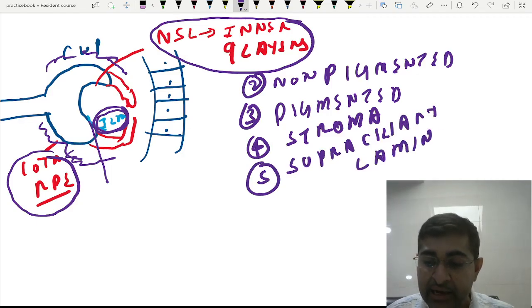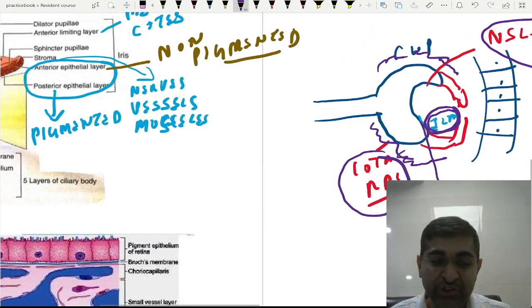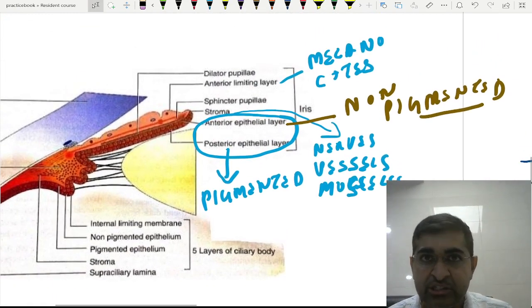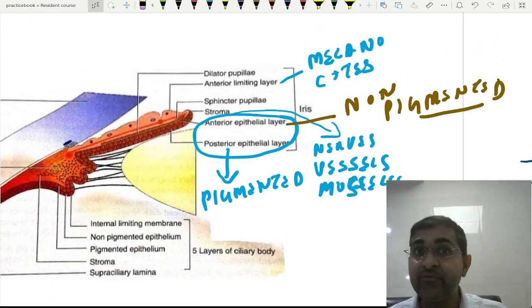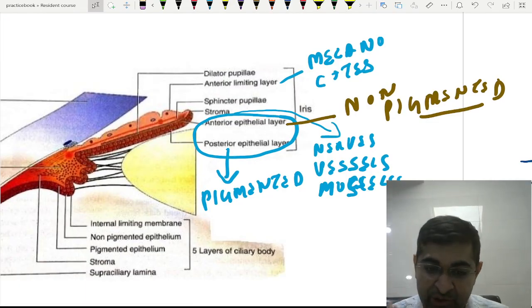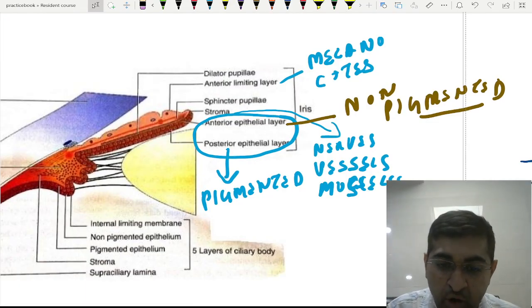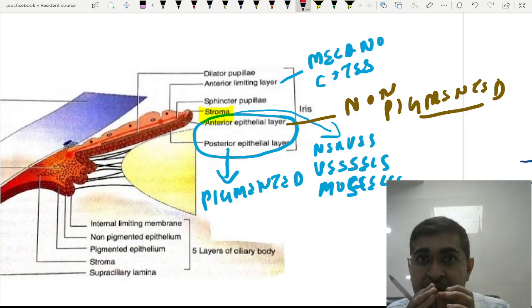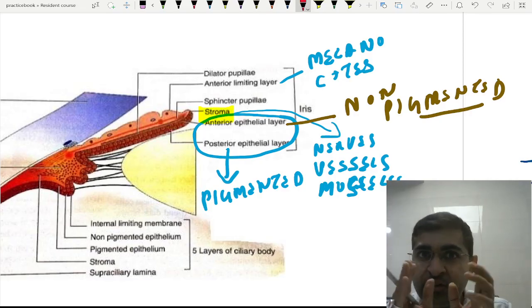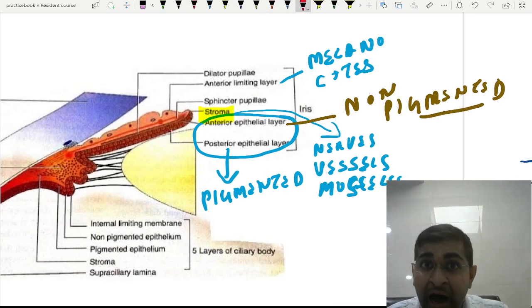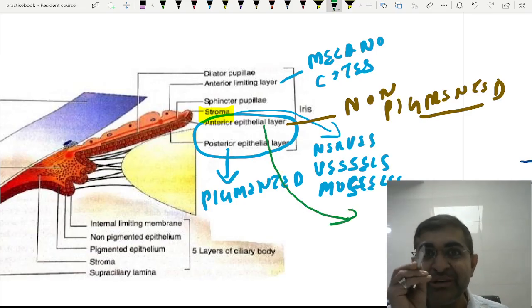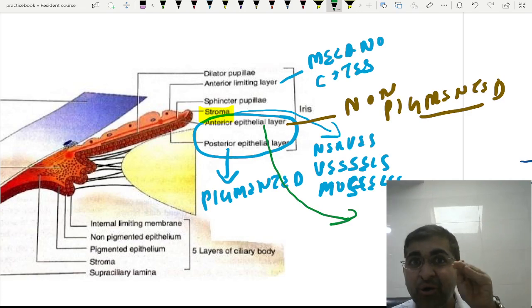Supraciliary lamina. Yes, now I want to tell you one very interesting part. Since you know all the muscles in the body are developed from mesoderm except which muscles? I told you that there is stroma of the iris, isn't it? Now boys and girls, the sphincter and dilator pupillae, which I told you are present in the stroma of the iris, are derived from the anterior epithelium layer of the iris, which means the optic cup.